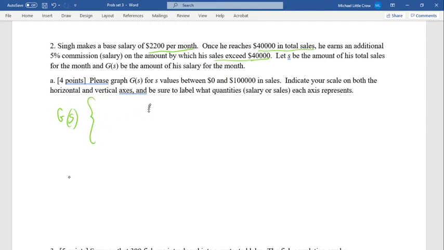Okay, so there'll be a piece here for when the sales are, well, obviously your sales should be greater than or equal to 0, and less than or equal to 40,000.